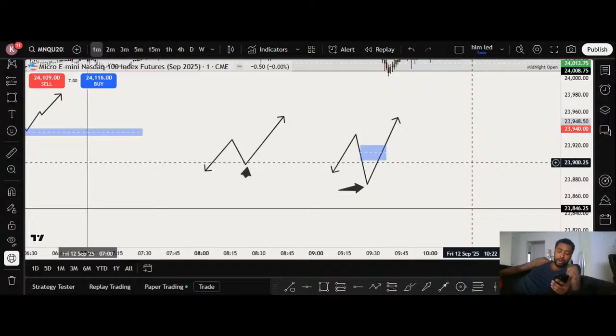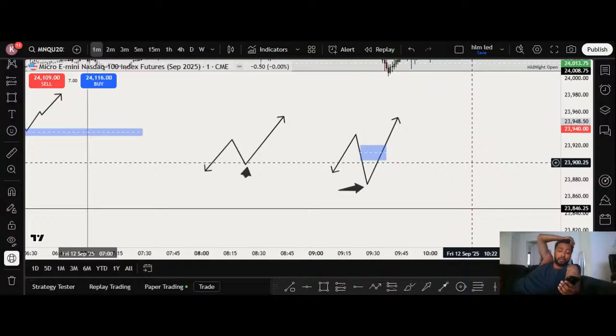He said, how do you feel about fibs? Do they really work? Hell yeah, fibs work. Some people use fibs for entries, okay? I put it this way: I don't use fibs for entries, but some people use fibs for what's called an OTE, which is an optimal trading entry, right? I don't use it because I use other things like order blocks and fair value gaps, or inverse fair values to enter the market.